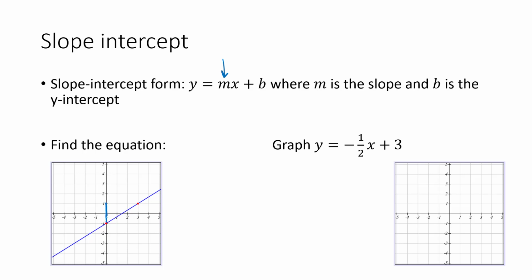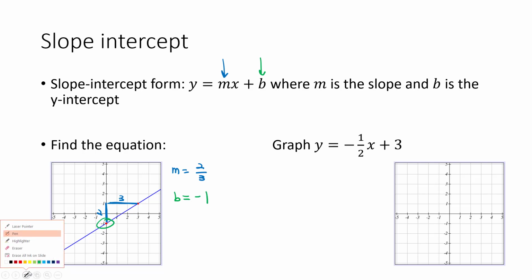And notice the graph goes up 2, rises 2, and runs 3 to get to the next point. So we're going to say the slope is equal to rise over run, 2/3. And the y-intercept, the second important thing we need, the b, is where it crosses the y-axis, in this case at negative 1.